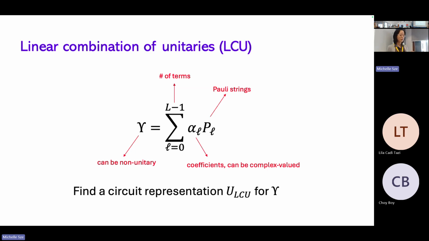Epsilon is the overall sum, and the alphas are the coefficients, which can be complex in general, but in practice we absorb all the phases into the Pauli strings. So LCU is really all about finding a circuit representation for something that may not necessarily be a unitary.